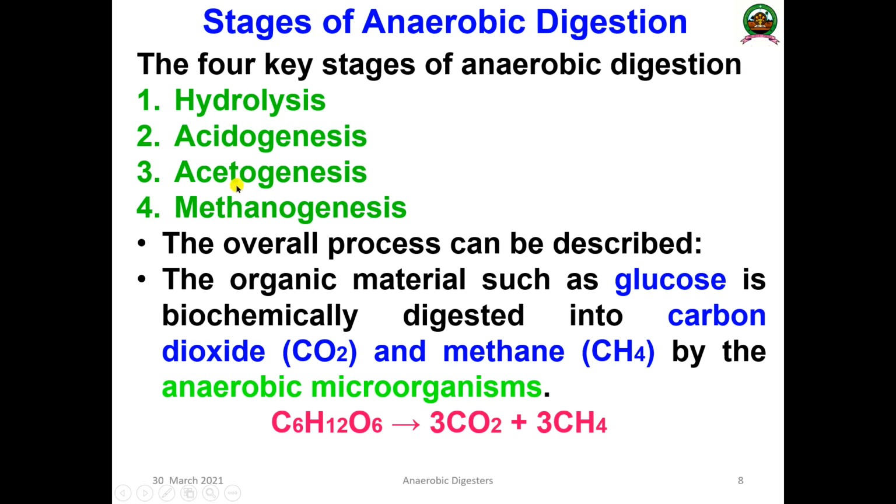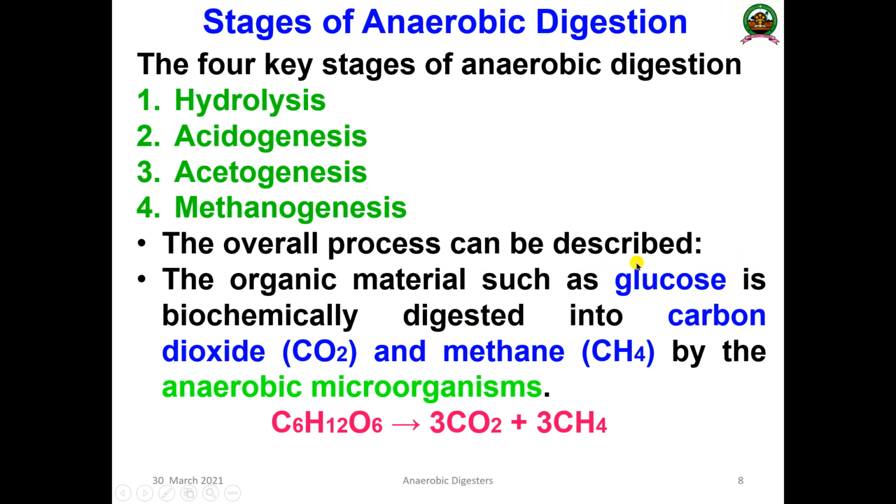There are four important stages in anaerobic digestion: one is hydrolysis, next is acidogenesis, next is acetogenesis, and next is methanogenesis. In the overall process, the substrate consisting of complex polysaccharides and carbohydrates will be converted into a simpler form, glucose, by hydrolytic enzymes produced by the bacteria.